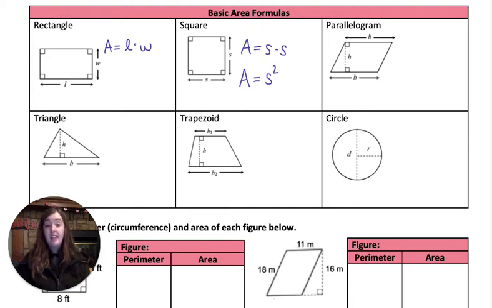For a parallelogram, his area is going to be base times height. Notice that the height is always going to make a right angle with the base. The height and the base always make a right angle together.